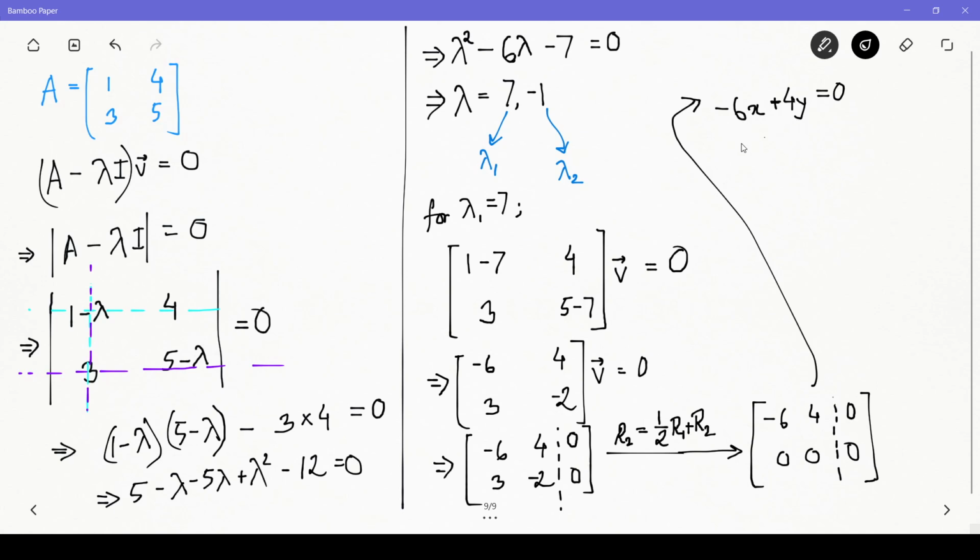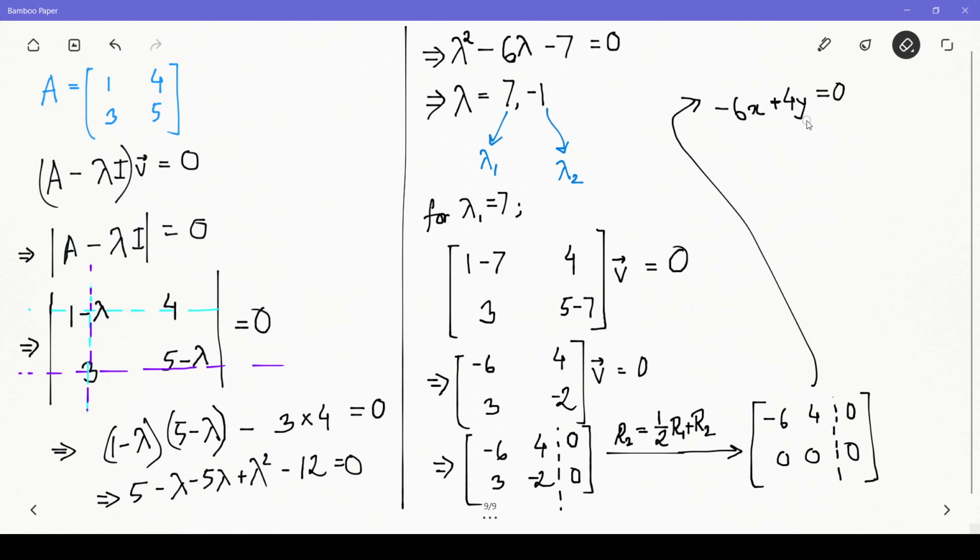Minus 6 times 2 is minus 12, plus 4 times 3 is 12. So this gives me 0. So we can say that 2 and 3 is a pair of valid entries for my column vector v.